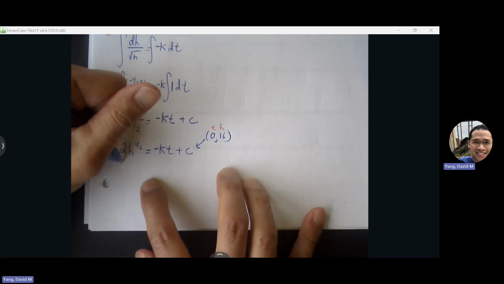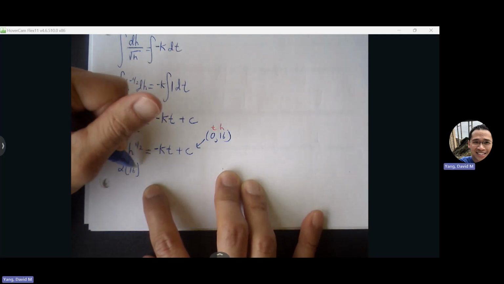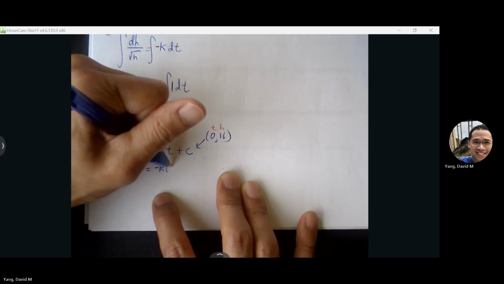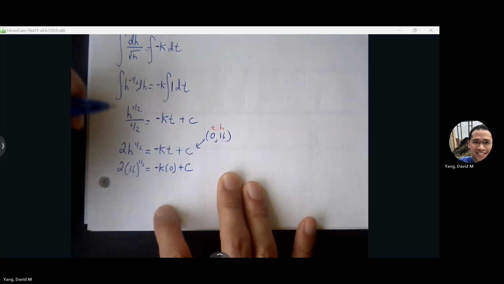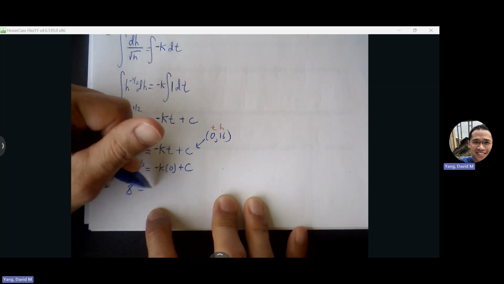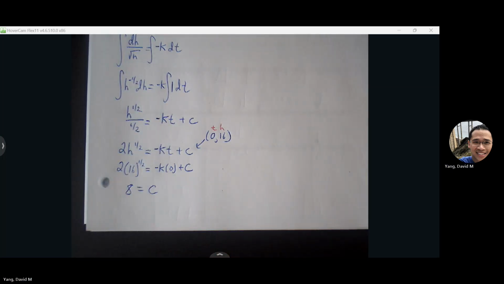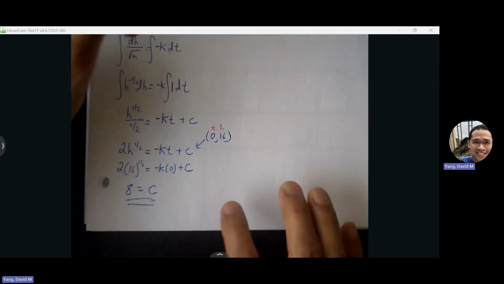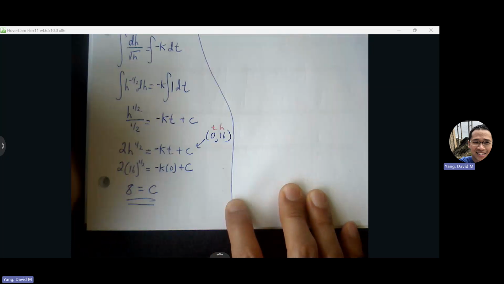So 2 root 16. Root 16 is 4. 2 times 4 is 8. Okay, so this gives us our C value.